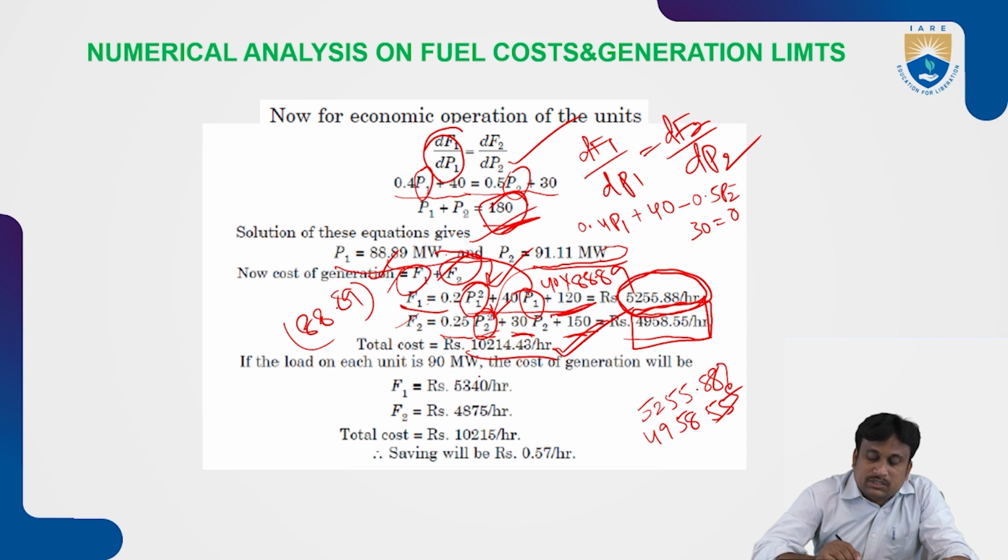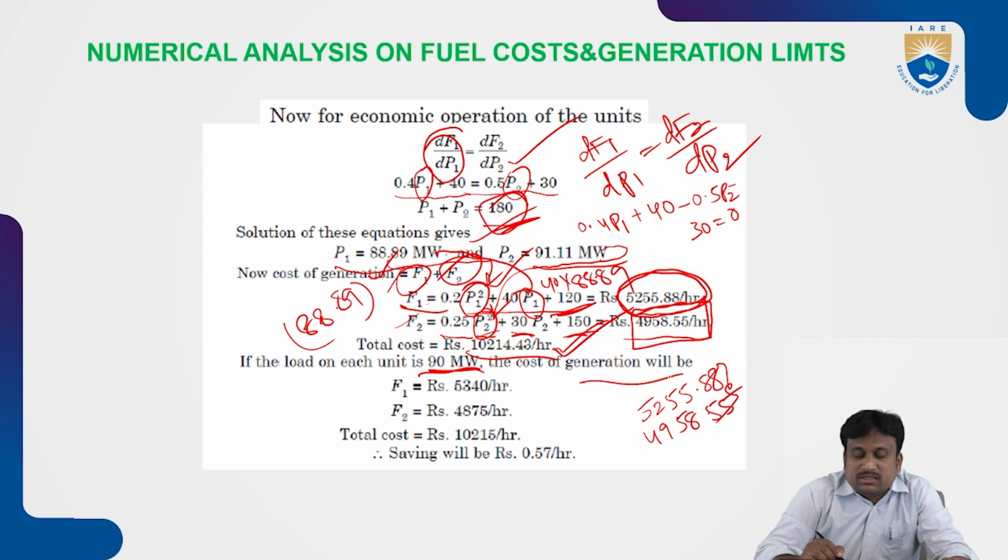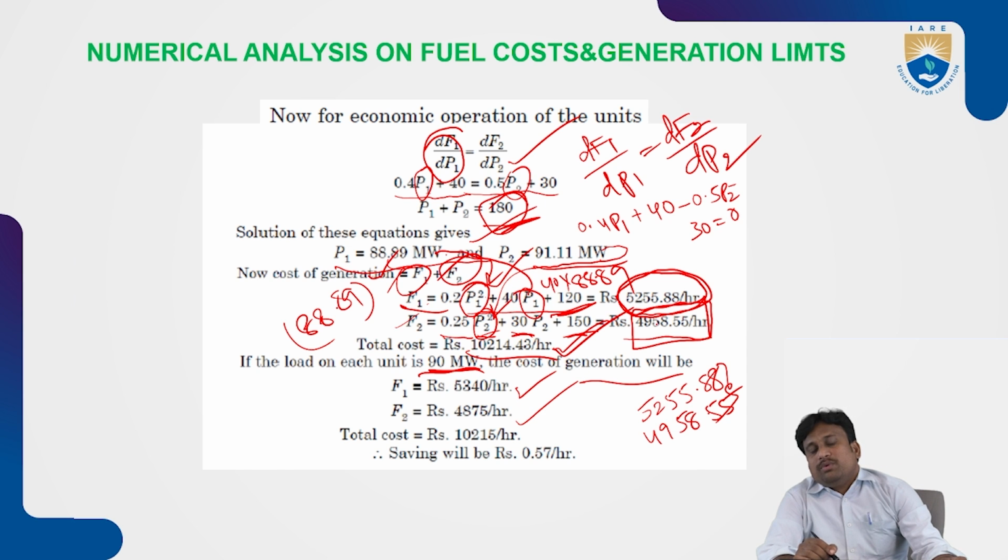If the load on each unit is 90 megawatts, the assumption is that the load on a particular unit is 90 megawatts, what will the cost of generation be? F1 is 5,340 rupees per hour. F2 is 4,875 rupees per hour.